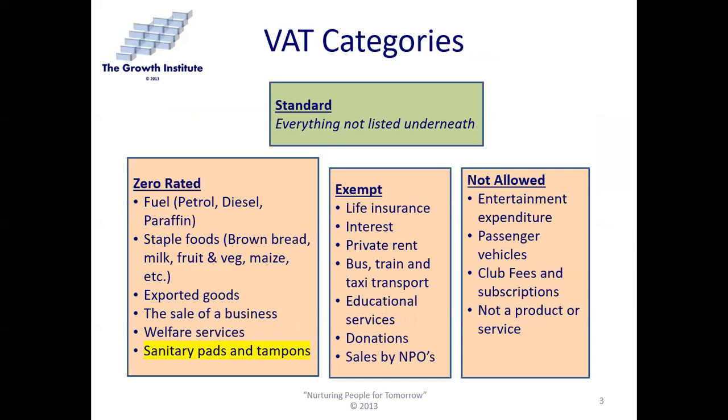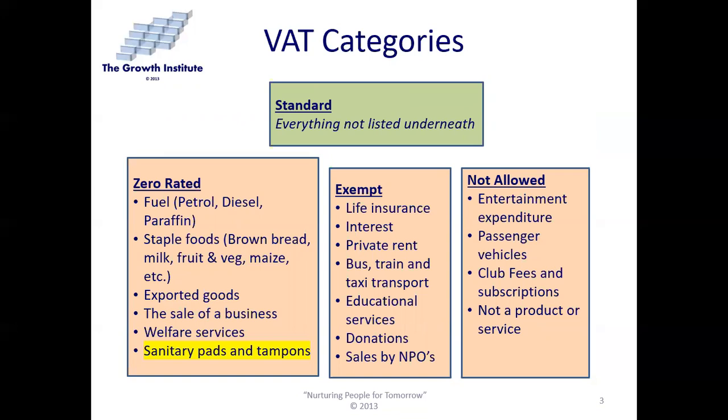Now, when we have a look at things that are zero rated: fuel, like petrol, diesel, and paraffin, that's zero rated. Staple foods like brown bread, milk, fruit, veg, and maize, that is zero rated. Exported goods is zero rated. That's important to remember. The sale of a business as a going concern is zero rated, and welfare services is zero rated.